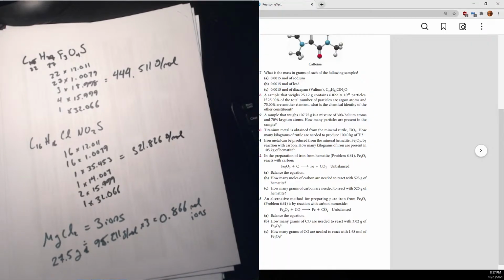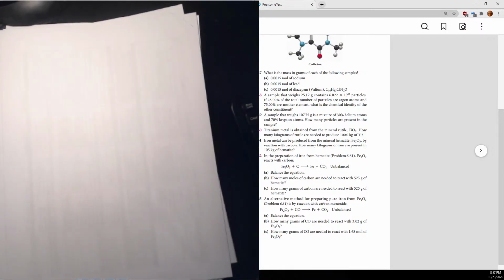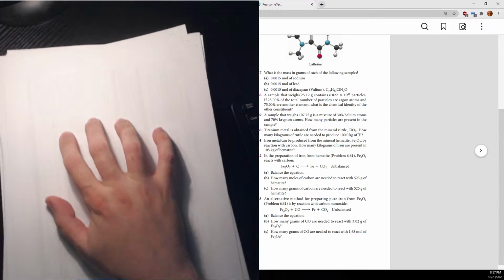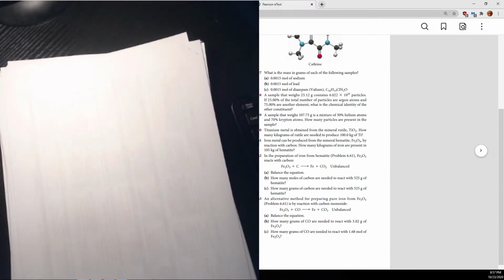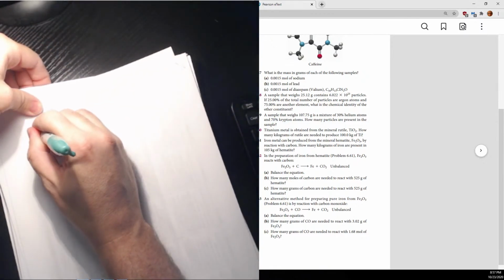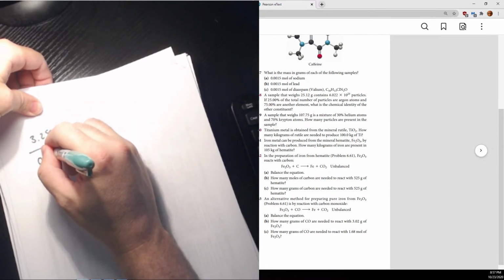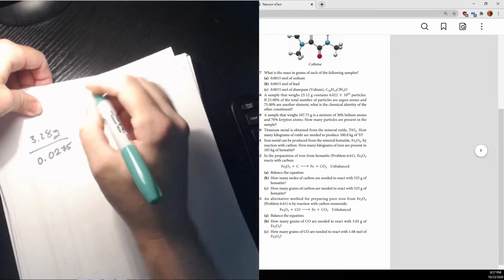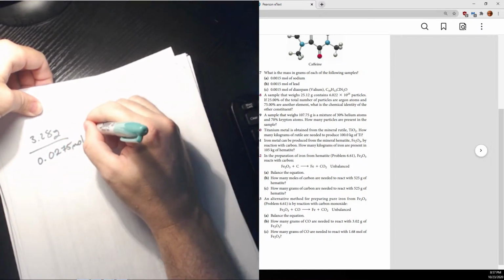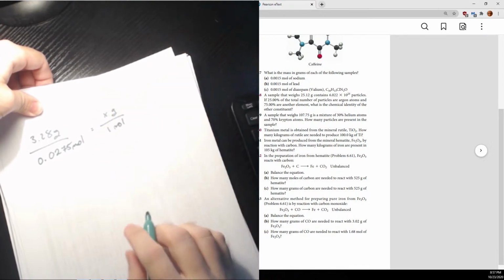All right. 52. What is the molecular weight of chloroform if 0.0275 moles weighs 3.28 grams? Neat. Okay, so you can do this with a fairly straightforward ratio. Grams per mole. 3.28 grams is related to 0.0275 moles in the same way that X grams are related to 1 mole.